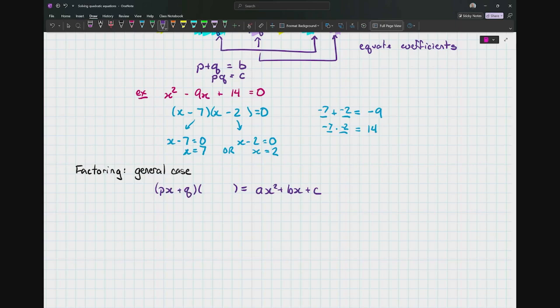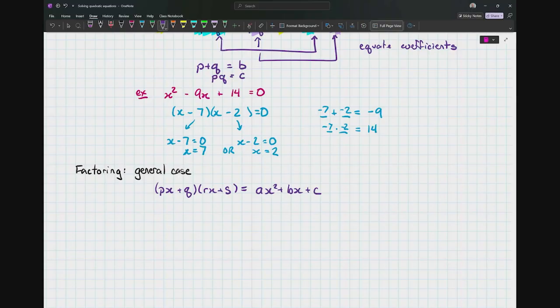Maybe px plus q would be a linear factor, and rx plus s would be another example of a linear factor. We really want px plus q times rx plus s to expand out and be equivalent to ax squared plus bx plus c.